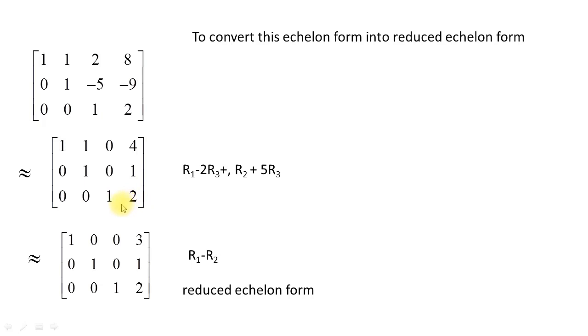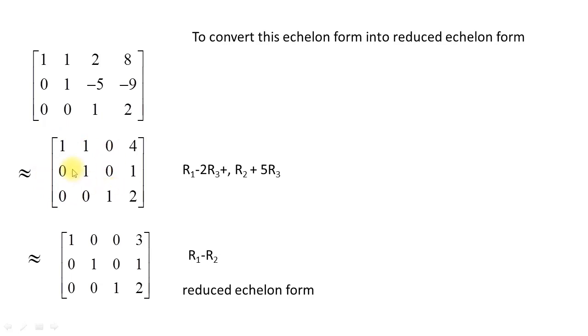Now, for the reduced echelon form, we need this entry to be 0, and on the main diagonal we need 1, 1, 1, and above and below we need 0, 0, 0, 0 and 0, 0, 0.